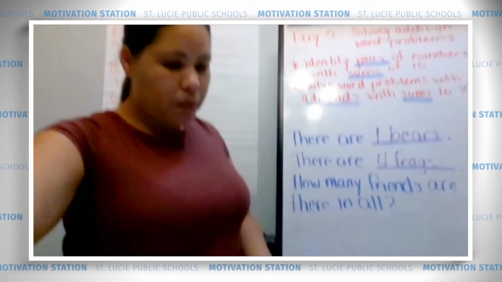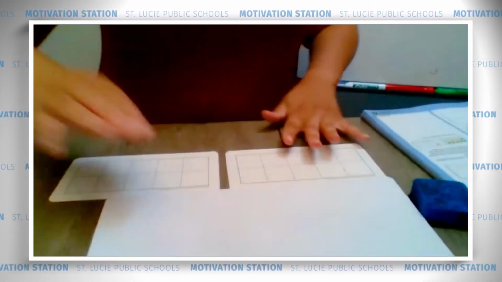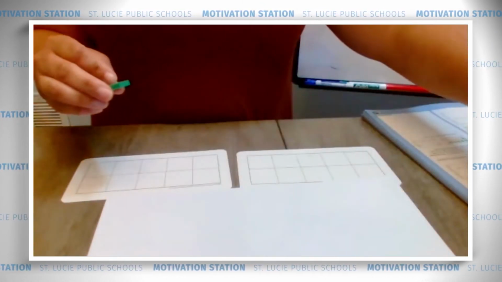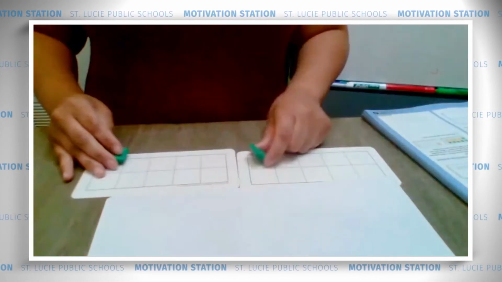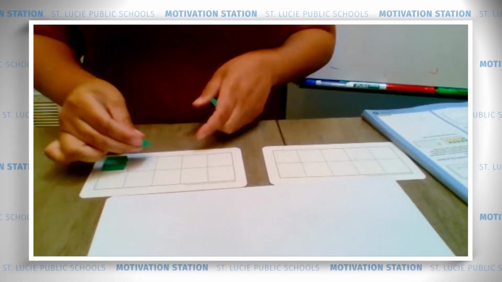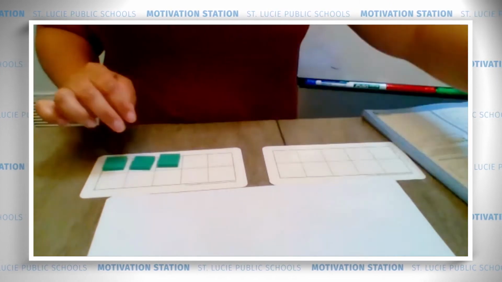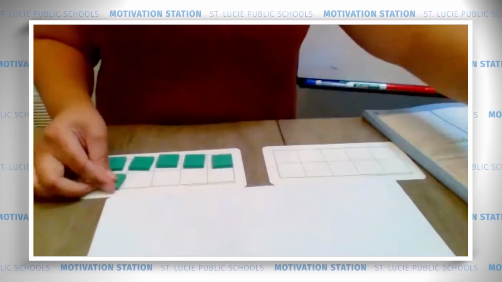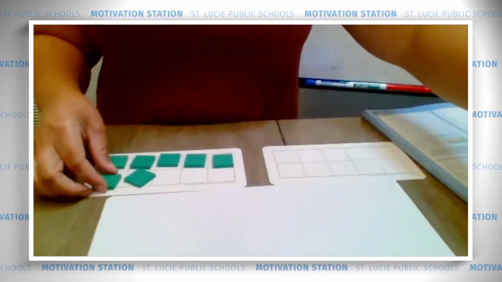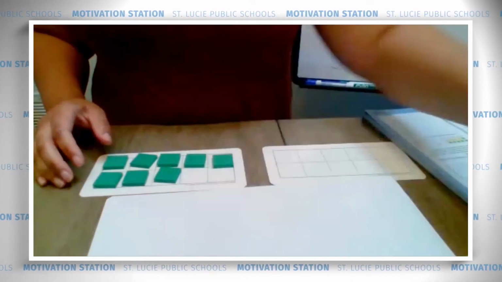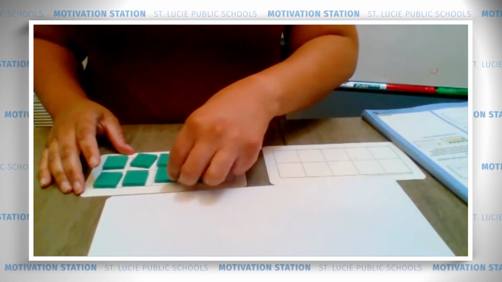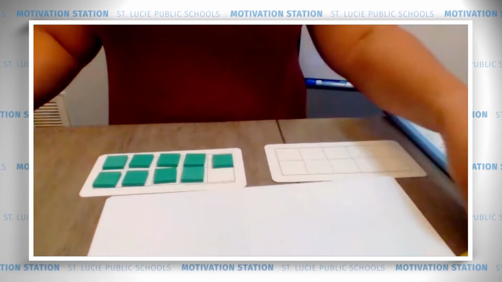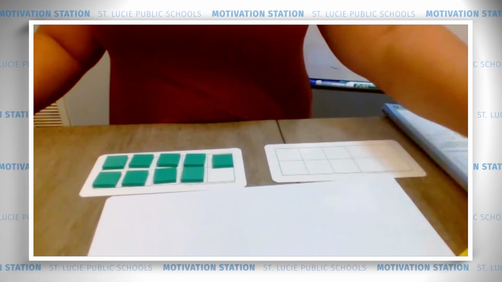I'm going to model this problem for you all, so I'm going to move my screen. I'm going to use green tiles to represent our bears. Count along with me. 1, 2, 3, 4, 5, 6, 7, 8, 9. There are 9 bears. Next, I want to use yellow squares to represent my frogs.